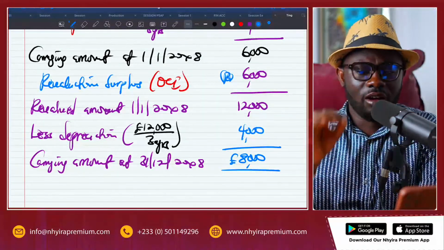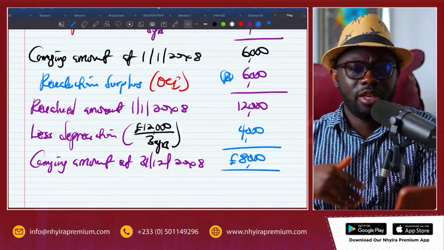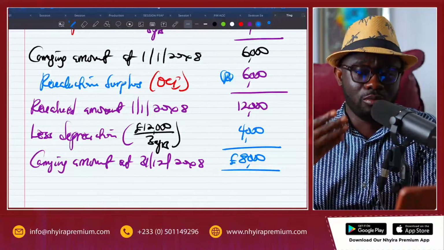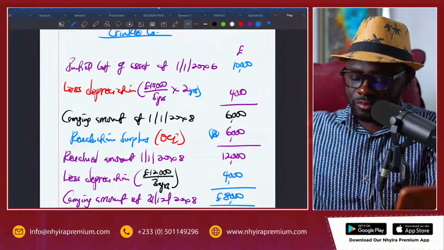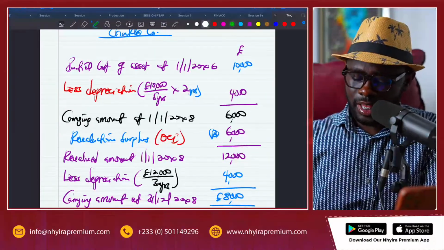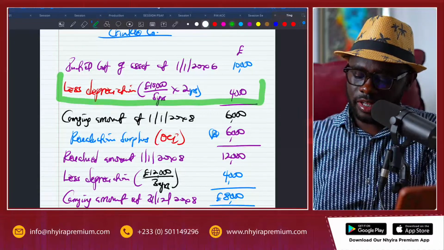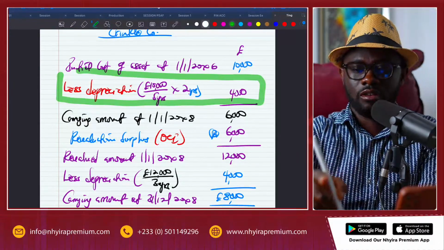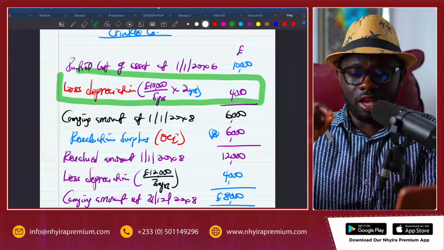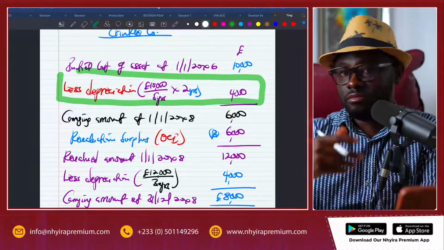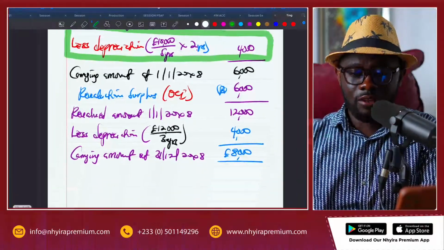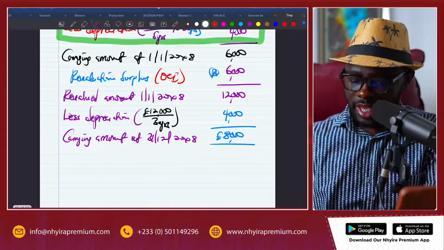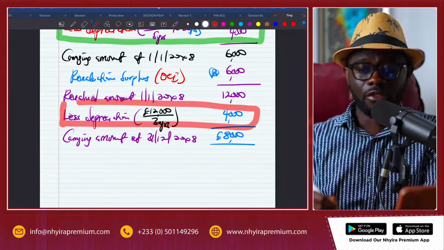So when we calculate depreciation on the revalued amount, it means you are charging more depreciation than you would have charged. So if you follow what is happening here, you realize that at the top here, the depreciation for the 2 years was 4,000 because each year we charge a depreciation of what? 2,000. But after the revaluation, the depreciation for 1 year was 4,000.